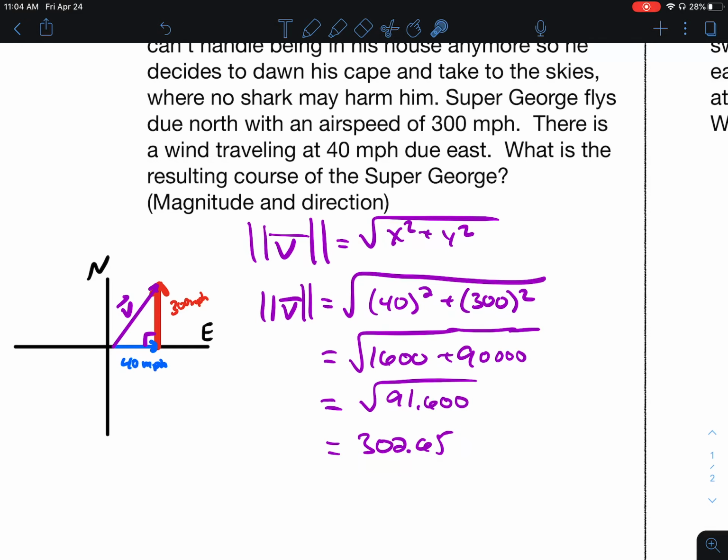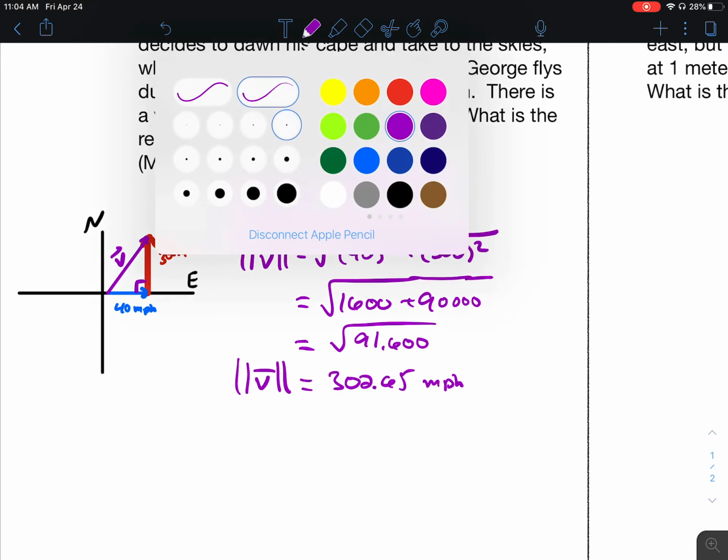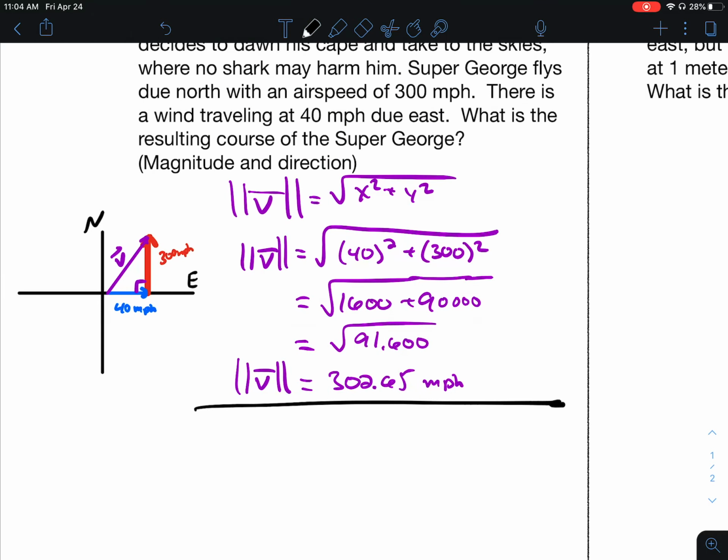Now, what kind of units is this magnitude? We were in miles per hour, so it's miles per hour. Now we need to figure out the direction. You can use this shortcut if you want. The direction that we're going to be in here, the reference angle, which is theta prime, but if it's in quadrant 1, theta and theta prime are the same.